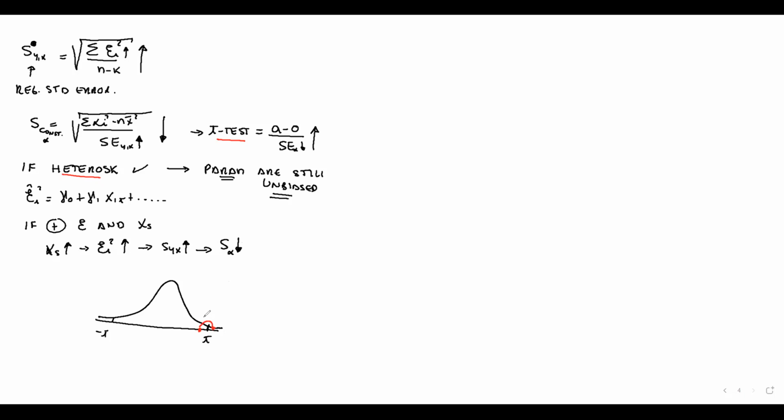Got it? So this is the main issue with heteroskedasticity. Please remember, parameters are still unbiased, but what happens is that standard errors are modified, and this can change your decision incorrectly.